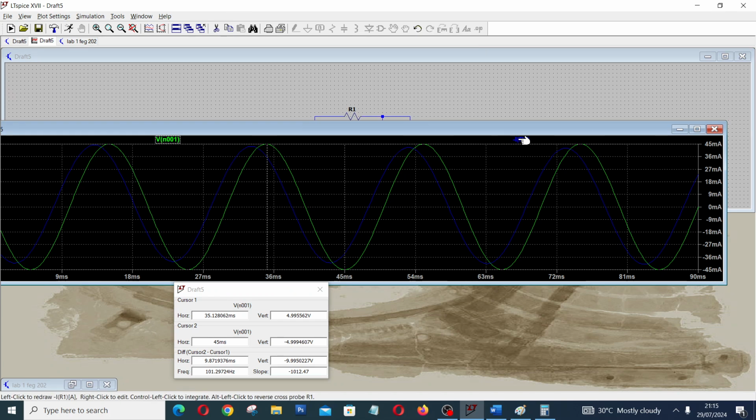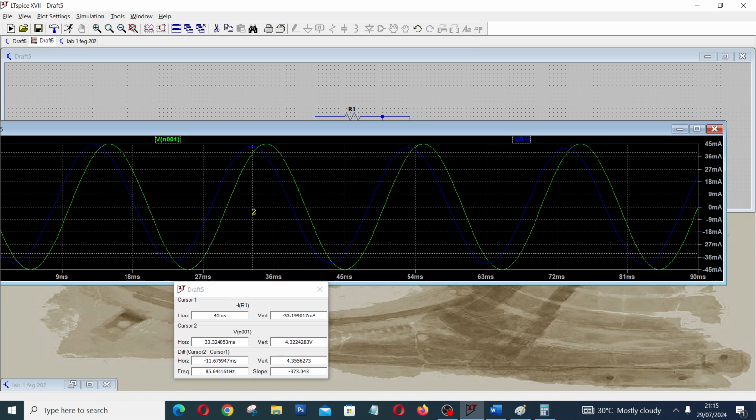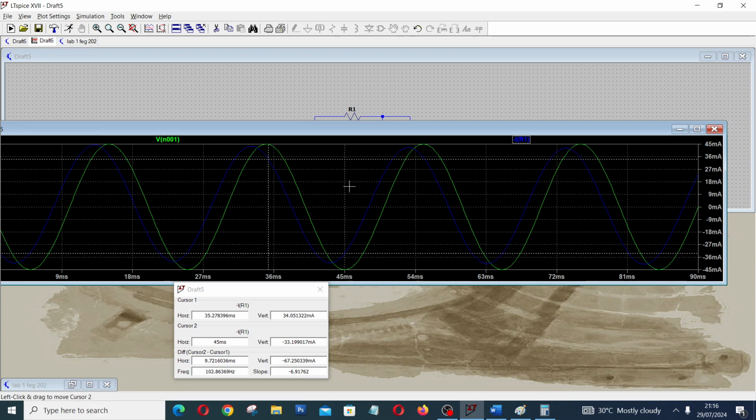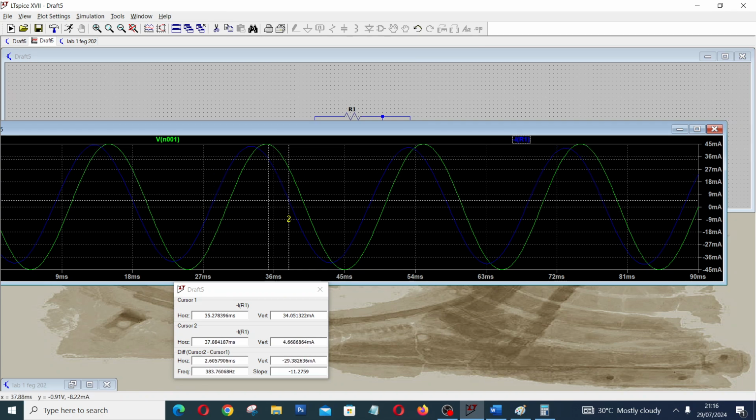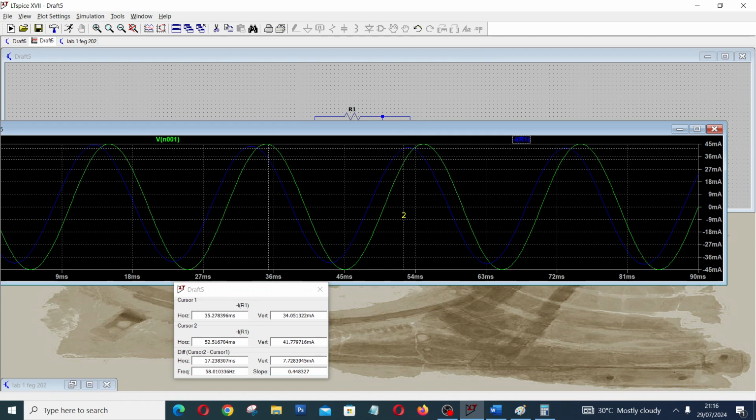So let me track the red. This is the green. Let me track the current.